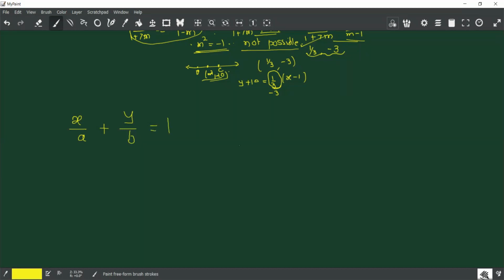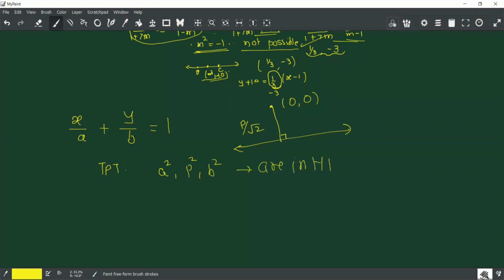And for this line, the length of the perpendicular from the origin is p by root 2. Correct? You have to prove that a square, p square, b square are in HP. ये prove करना था अपने को.